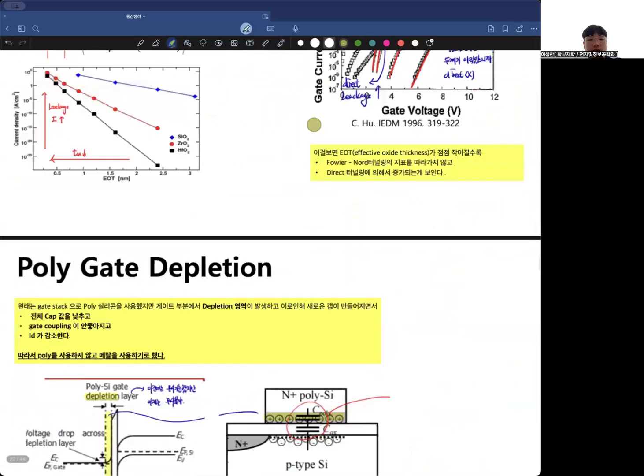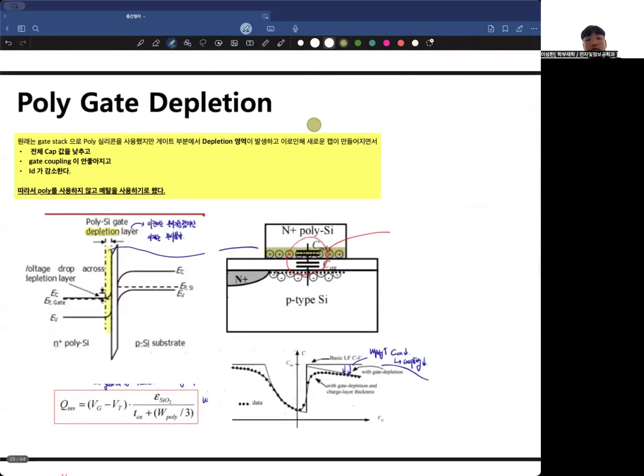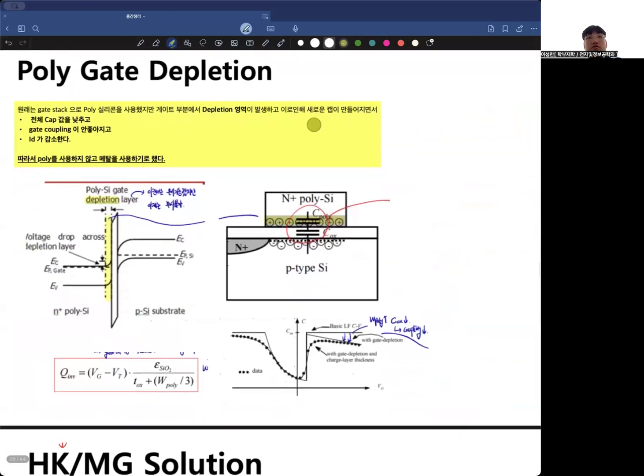And then the transistor has used polygate until this time, but we don't use the polygate now because there are some problems. The biggest problem is that the polygate makes a depletion region in the polygate.